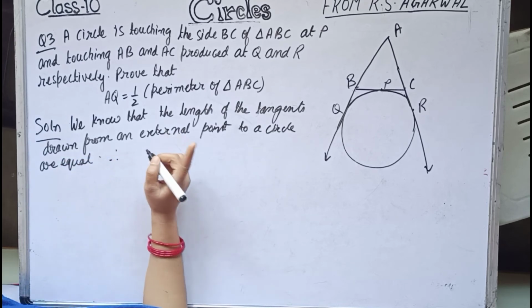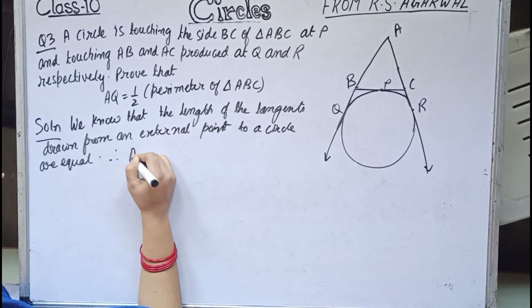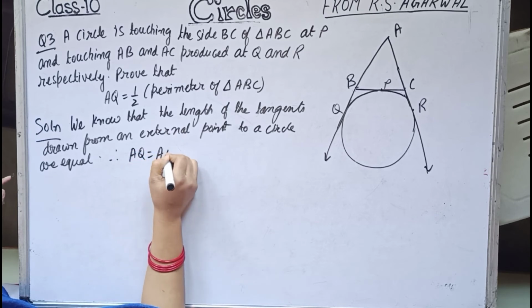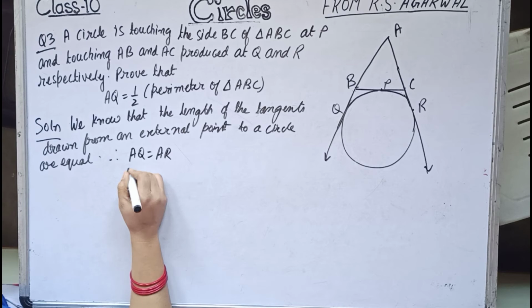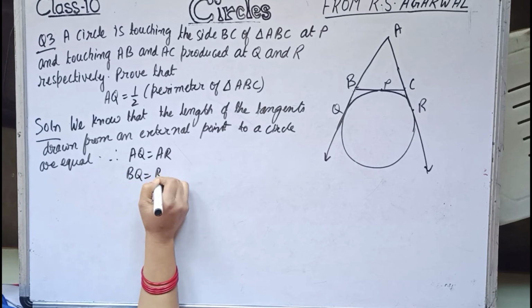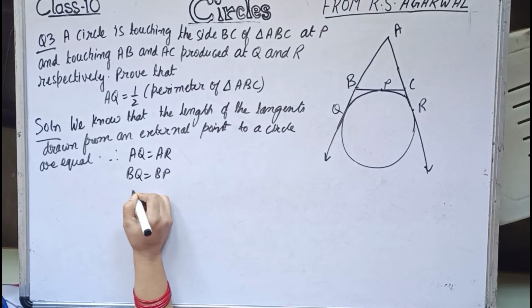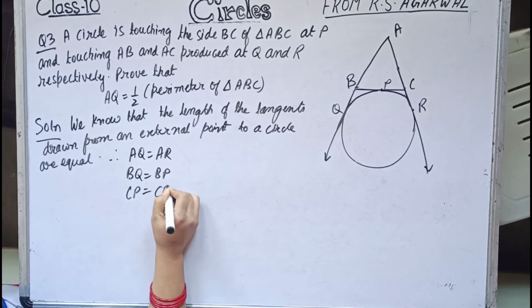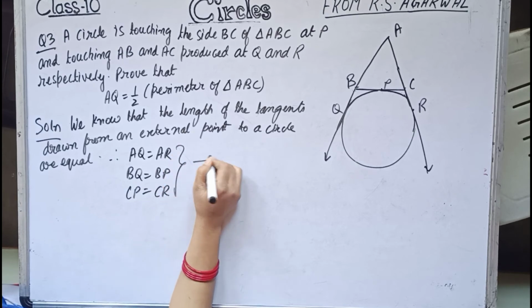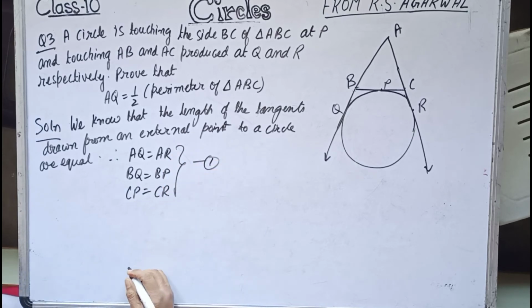Therefore, from the point A we can write AQ equals AR. From the point B we can write BQ equals BP, and from the point C we can write CP equals CR. Let us make it equation number 1.